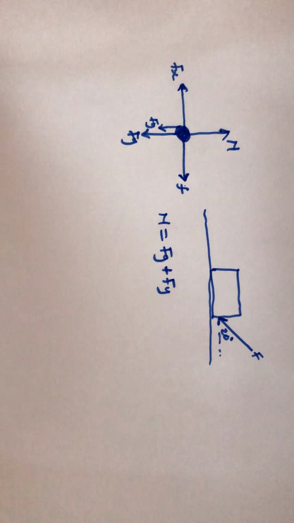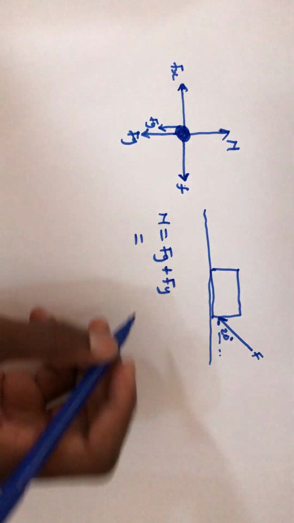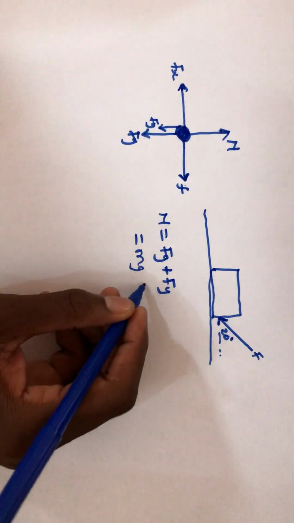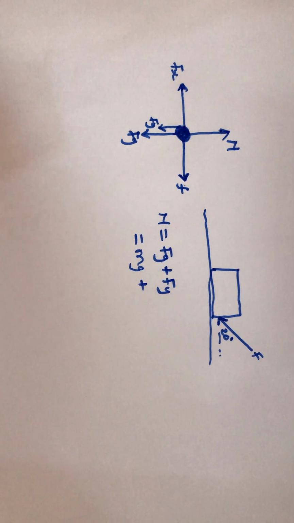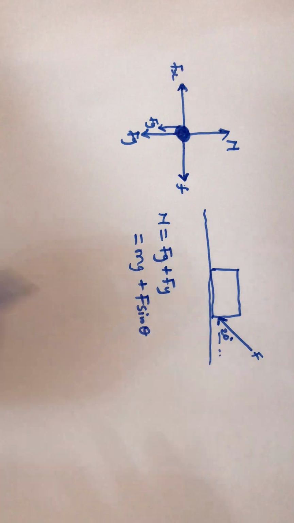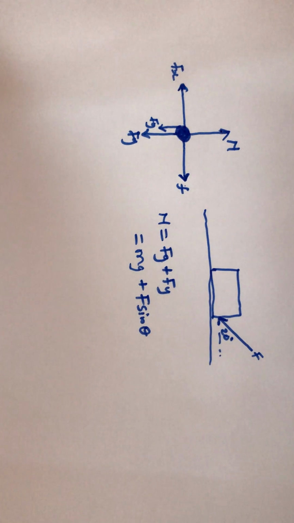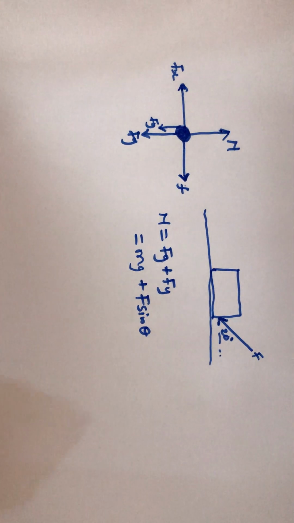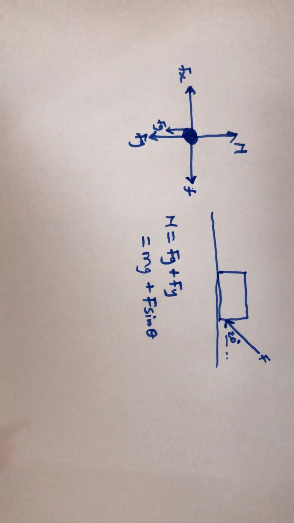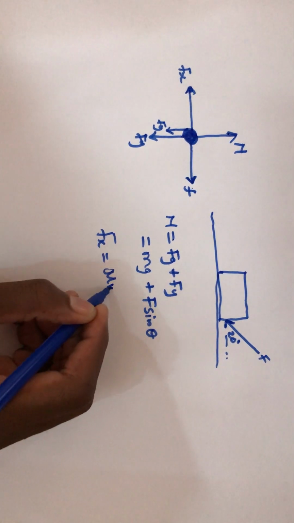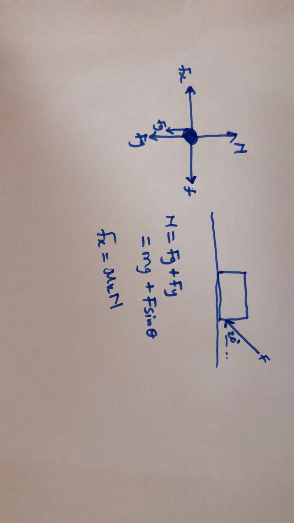So what is Fg? Fg is just mg, as we indicated, plus what is Fy? Fy is F sine theta. Remember, it is the vertical component of the given force. Now, how are we going to calculate the frictional force? Fk is equal to the coefficient of kinetic friction multiplied by normal force.